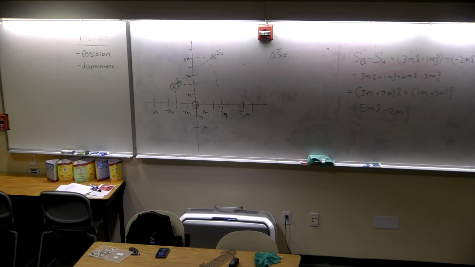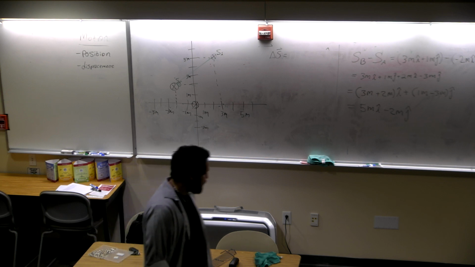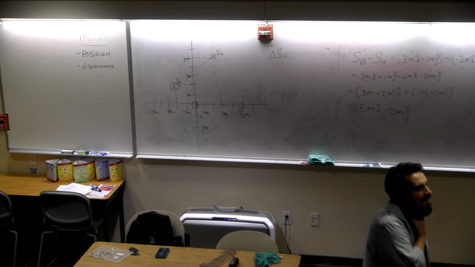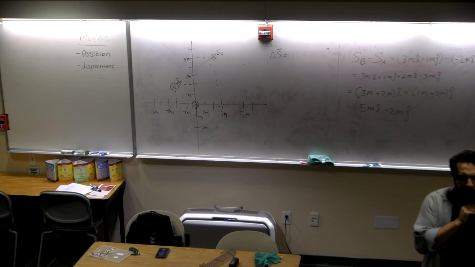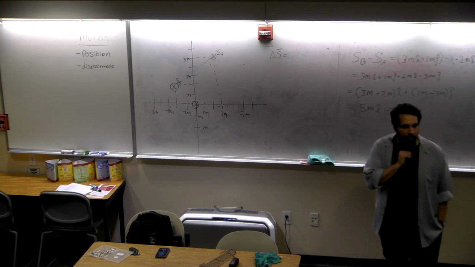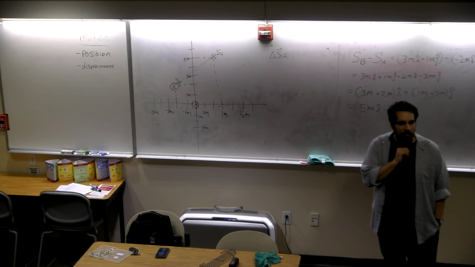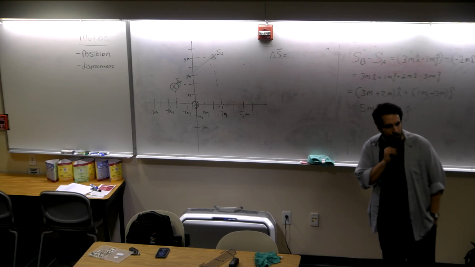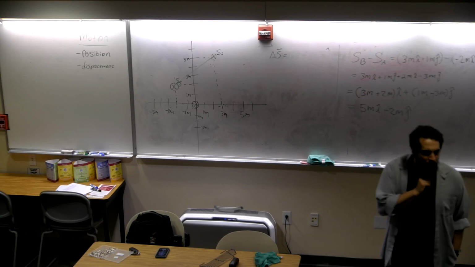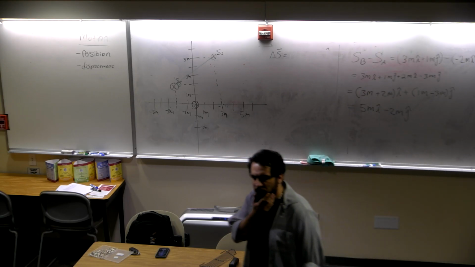So the question is, what is our displacement? Well, our displacement is our change in position, which is our final position minus our initial position. So the first thing we do is we figure out what is our initial position, what is our final position.